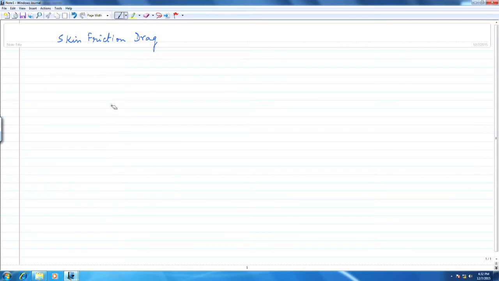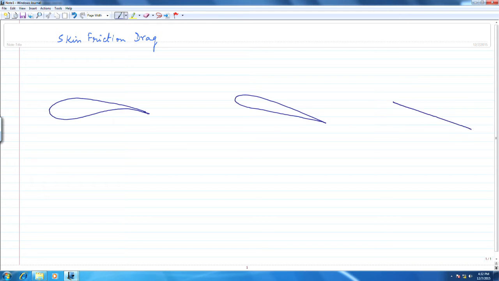Let's look at this, I'm going to draw that a little differently. Then I'm going to have another scenario which is like that, and yet another scenario which is like this. Well, this is a little more thick than I would like it to be.